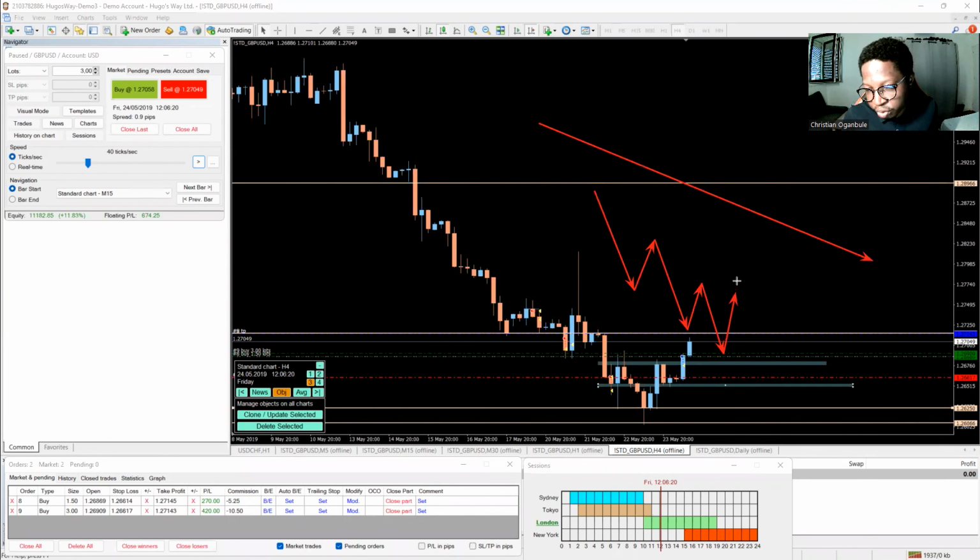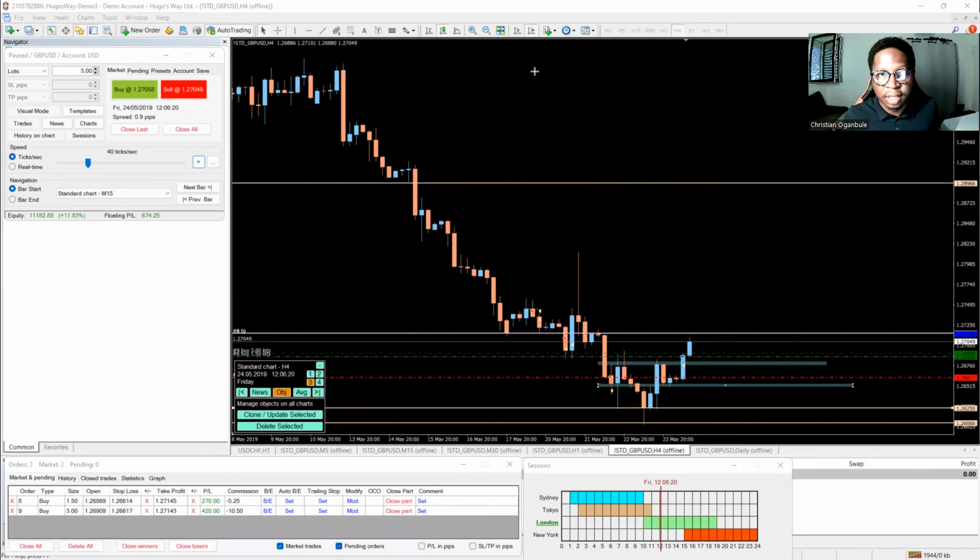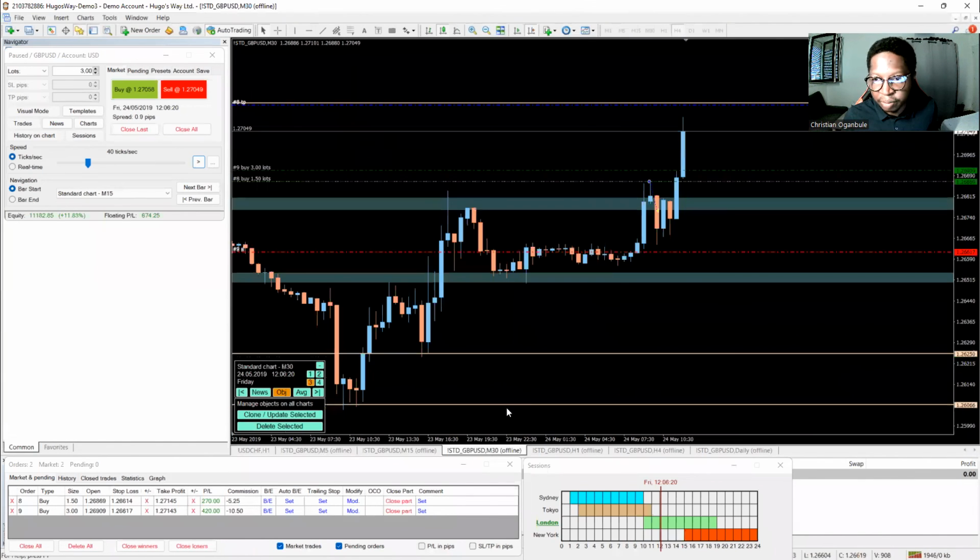Price tried to change structure, but then got stuck in a range. So one could either argue this is higher support or lower resistance, so breaking above here could give continuation. Breaking back below here would return the whole thing to the downside, which was the idea that was played out based on this 30 minutes close.